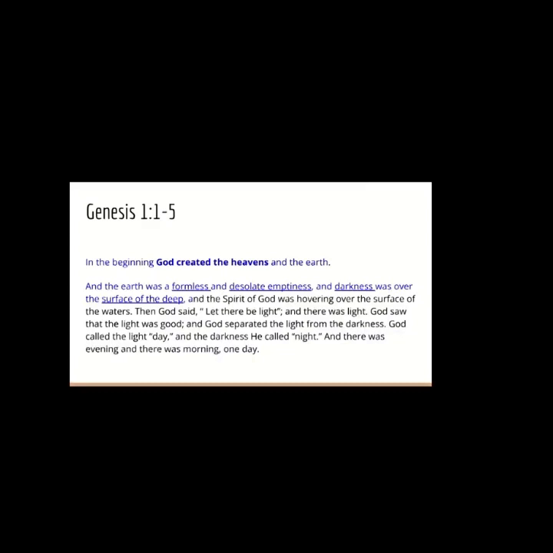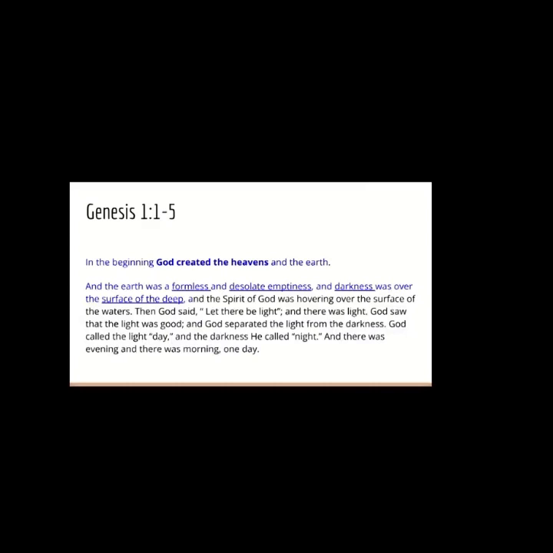It's desolate emptiness. There was darkness over the surface of the deep. The Spirit of God hovered over the surface of the waters, and then that's when God moves on and says, "Okay, let there be light." There was light. God saw that there was light, and it was good.